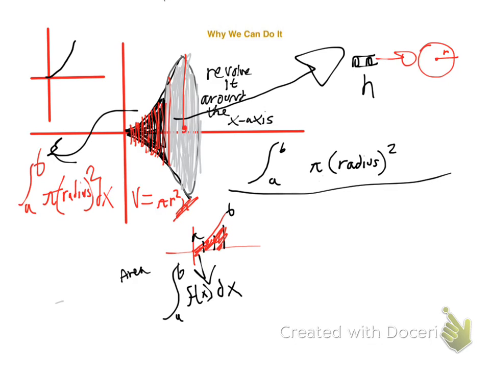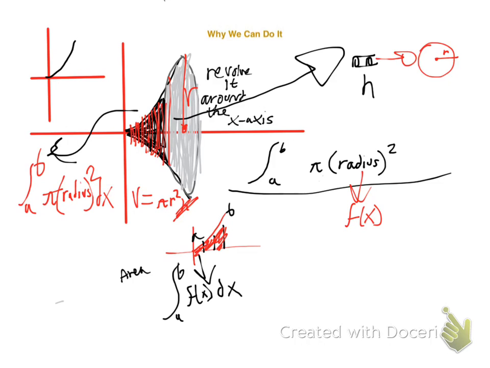That's the radius, and that's just whatever the function value, the y value of the curve is. In most cases, for a simple surface, the radius is actually just the function value, because we have it turned on its side. So you could write this as an f of x, so to speak.